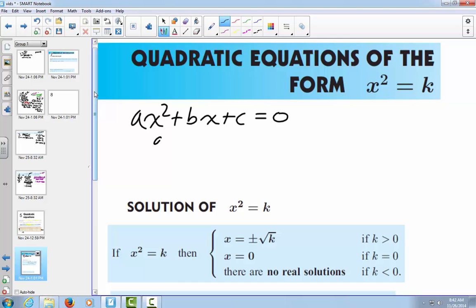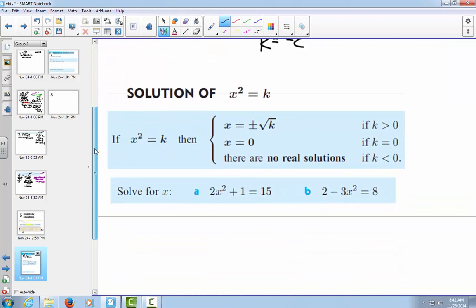Here, a is equal to 1, b equals 0, and k is equal to negative c. That's not really as important as what we're going to get to here. We'll do a couple of examples down here as we get through.